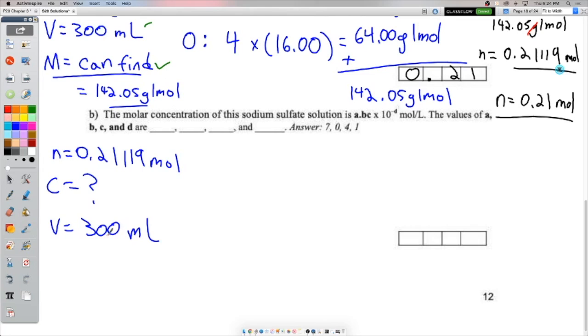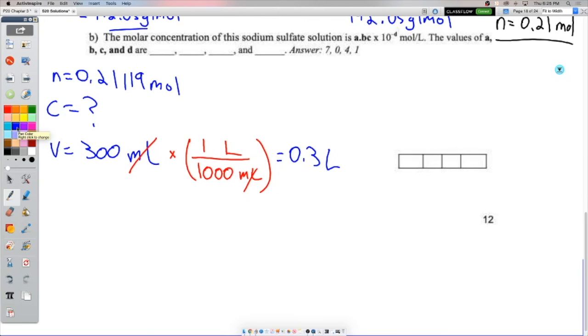So no worries, we just need to multiply by how many liters in a milliliter, which is 1 liter per 1,000 milliliters. That gives you 0.3 liters. Divide by 1,000 because there's 1,000 milliliters in a liter. We've done G, we've done R, we've made sure we convert it into the right units.